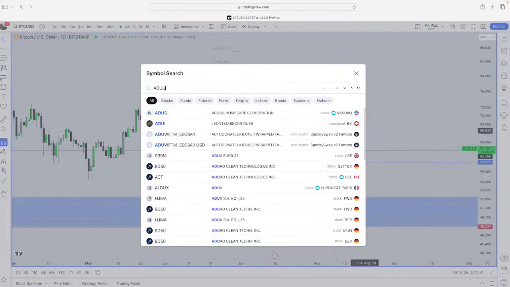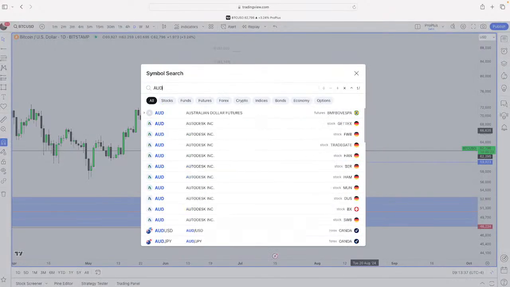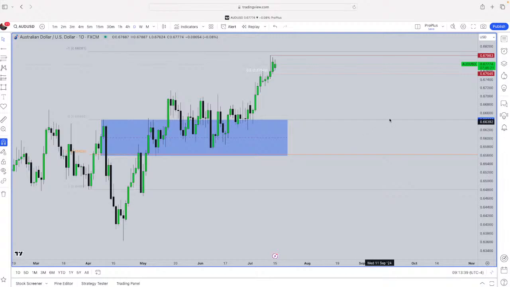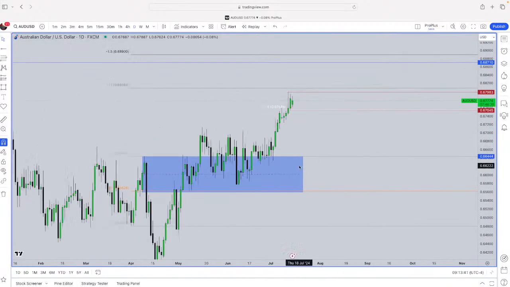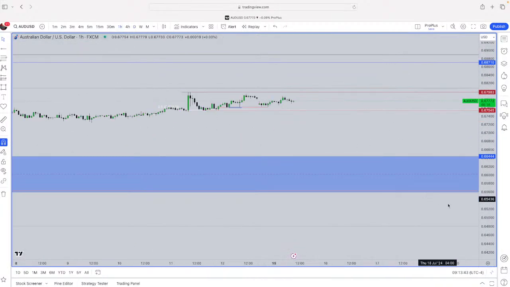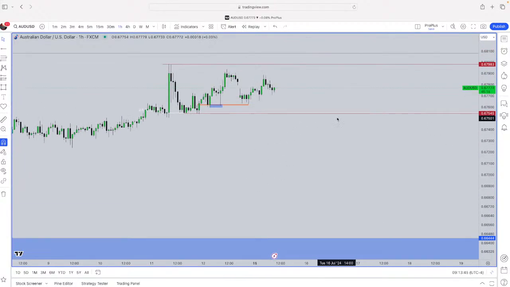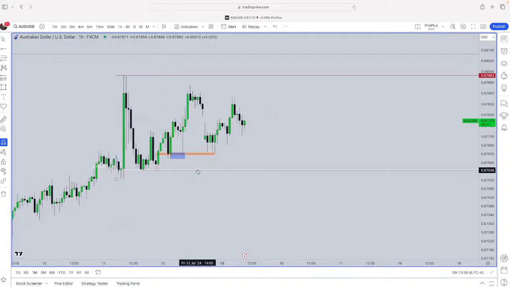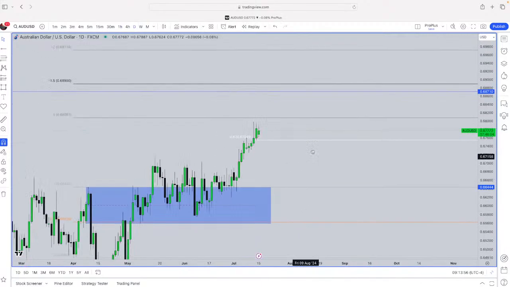Take a look at Aussie dollar. I don't know what drew that there, but I'm still on the daily.